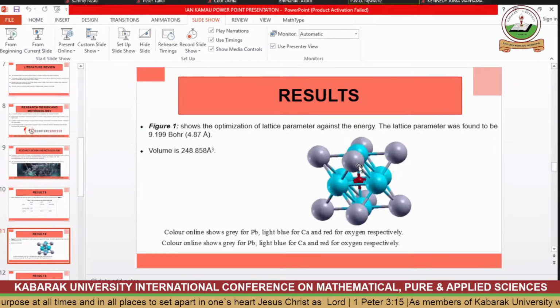The lattice parameter was found to be 9.199 Bohr, which, if you convert it, is approximately 4.87 angstrom, and the volume is 248.858. As you can see, the gray is lead, the blue is calcium, and the red is oxygen.